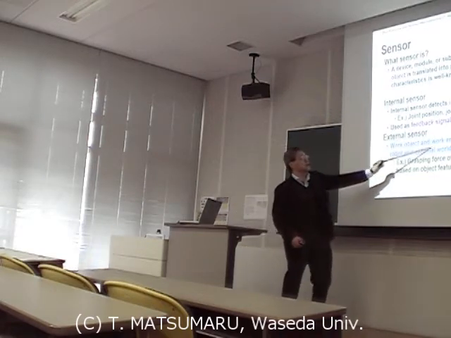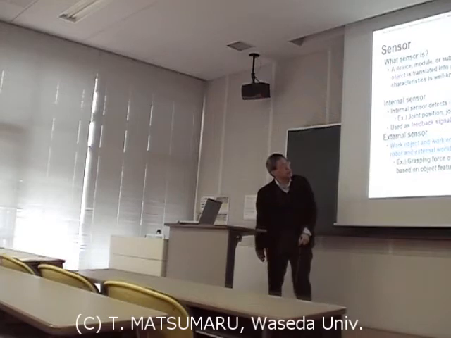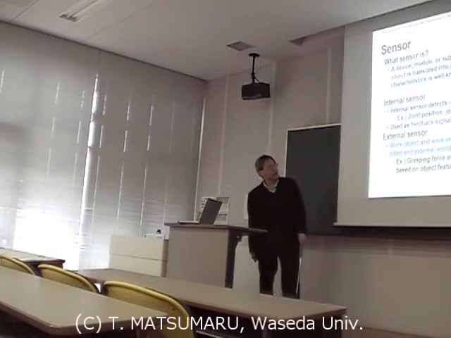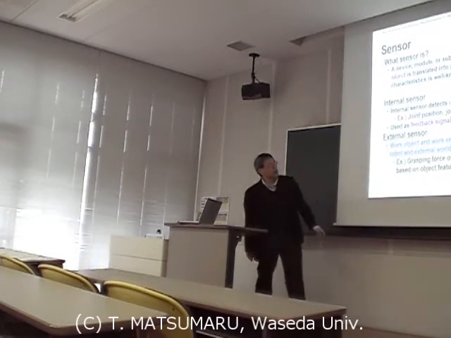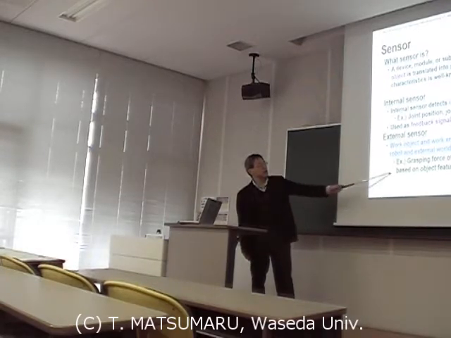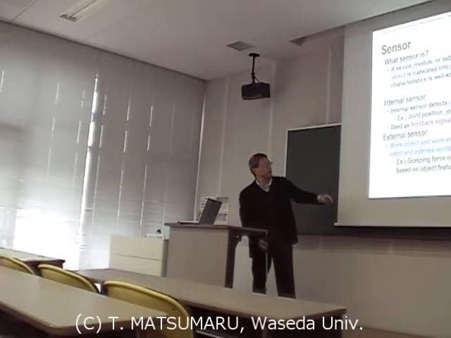The work object, the work environment, or the relationship between the robot and the external world is detected and recognized, and the grasping force of the grasped object is used to control the grasping force based on the object features.